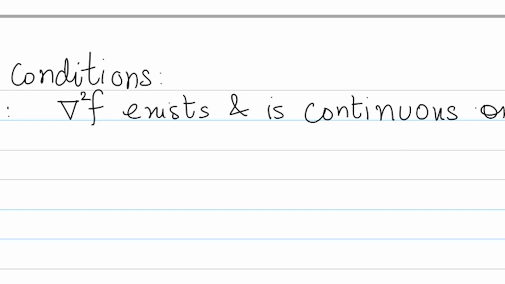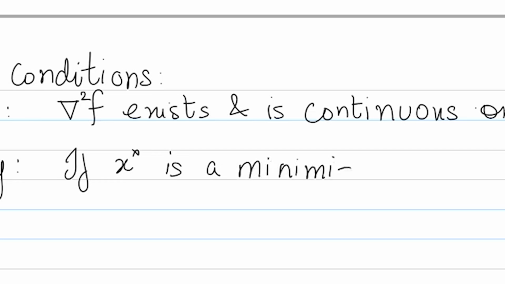All right. So we will start with the necessary part. It states that if x star is a minimizer, then what all happens? First is what we expected from the first order condition. Grad of f of x star should be 0, right? No surprises here.